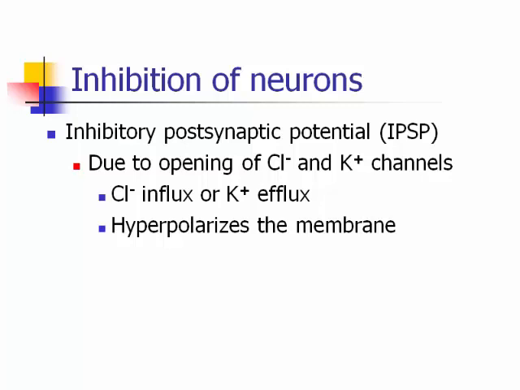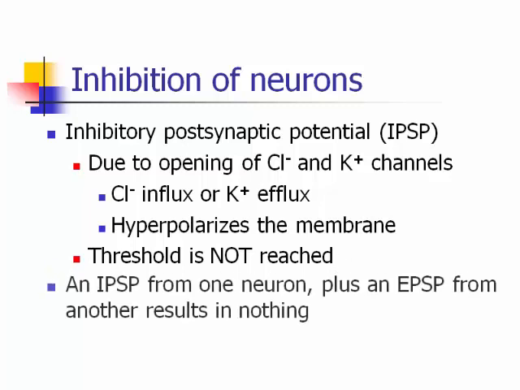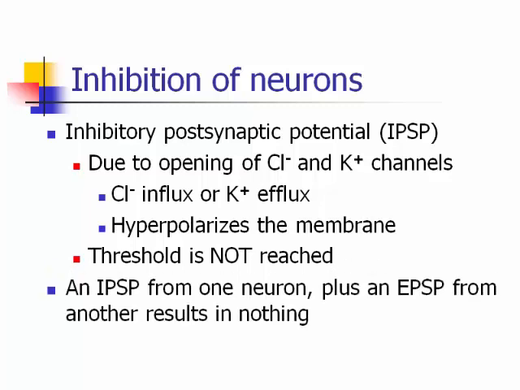So when you open Cl minus channels, negative comes in, and that hyperpolarizes the membrane. So when you send an IPSP from presynaptic to postsynaptic cell, threshold is not reached, and an IPSP from one neuron plus an EPSP from another results in nothing, right? To inhibit and to excite.